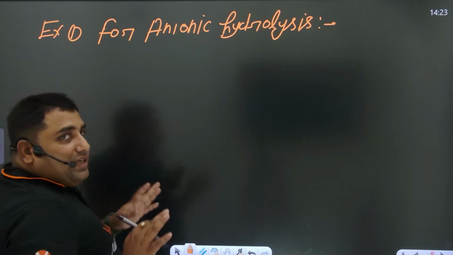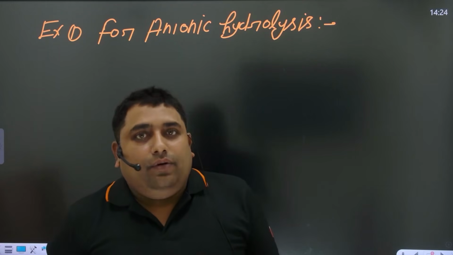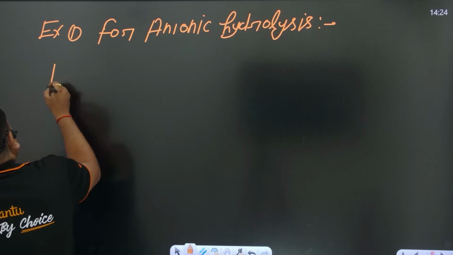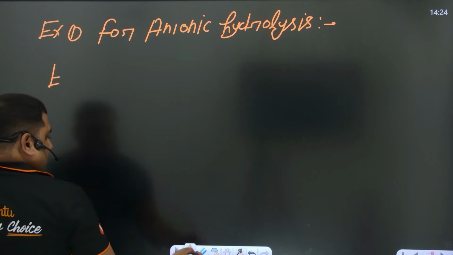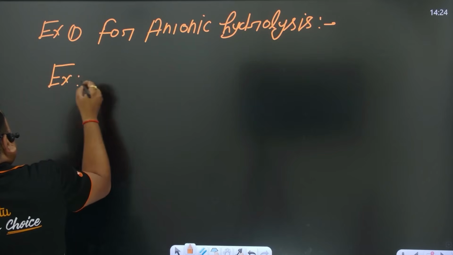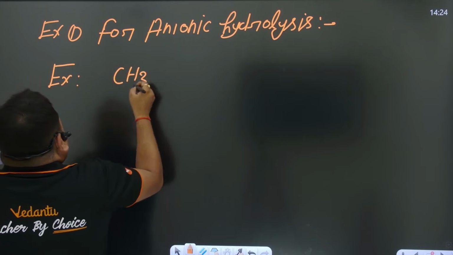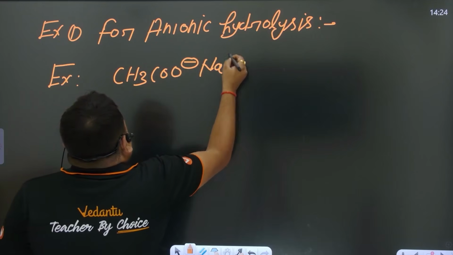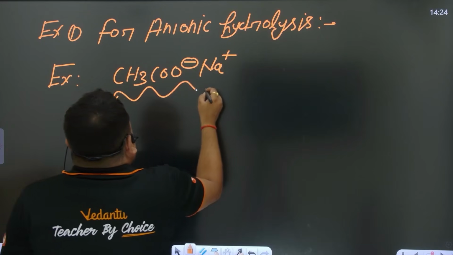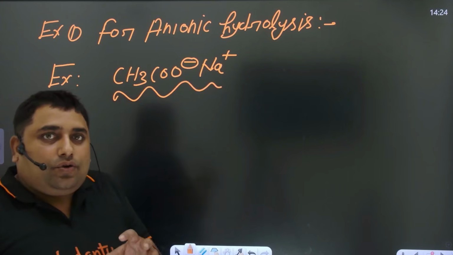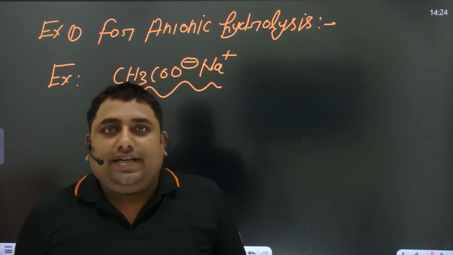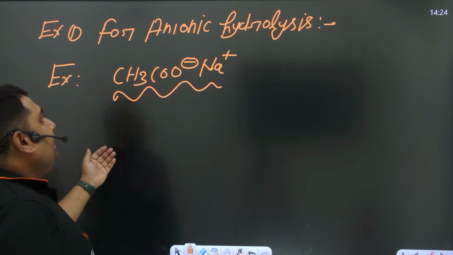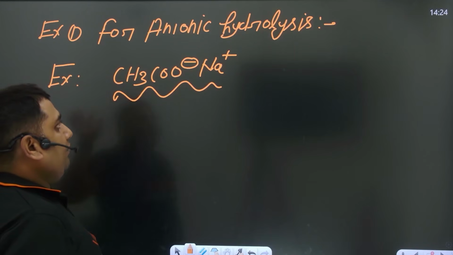So how to proceed with anionic hydrolysis, right? Let's see. For example, this salt is given to you. I am taking that salt in which anionic hydrolysis is taking place. So in this salt, sodium salt of acetic acid, anionic hydrolysis is taking place.